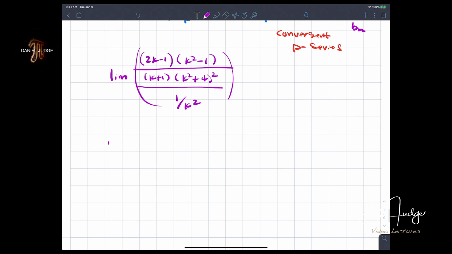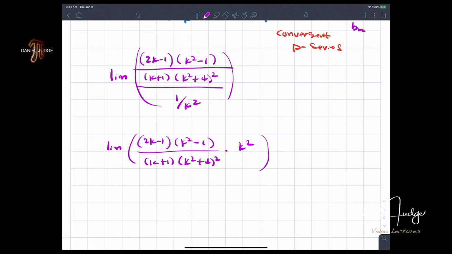Don't forget, this really is multiplying by the reciprocal: (2k minus 1)(k squared minus 1) over (k plus 1)(k squared plus 4) squared, times k squared.